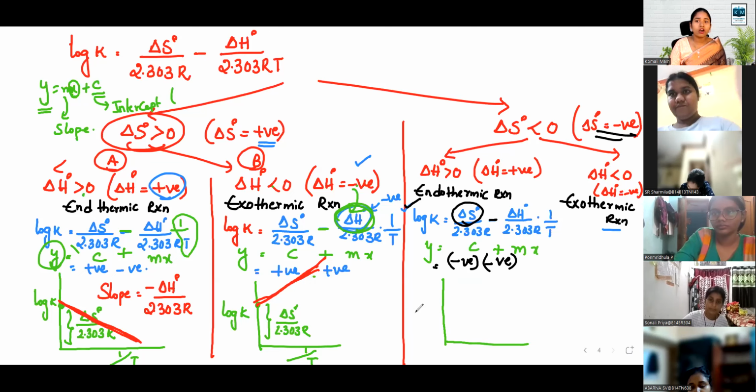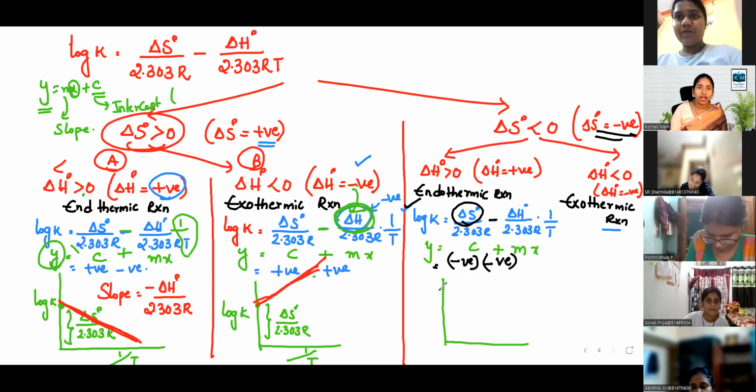What are we going to take on the y-axis? Sangeeta, unmute your phone. Hi, Sangeeta. What should we take on the y-axis? Log K, ma'am.